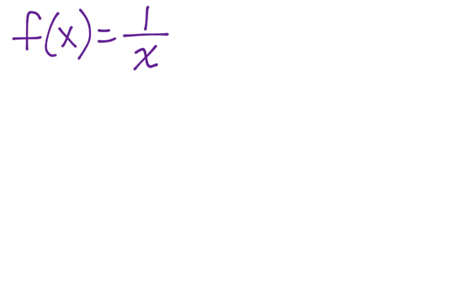Let's see. I'm going to give you a pretty basic function, f of x, one of those parents that we've talked about, equals 1 over x. Now, it's pretty simple. I can't simplify this anymore, but I do know that I have a domain restriction. x cannot equal 0 in this case. And what does it look like when I graph it?